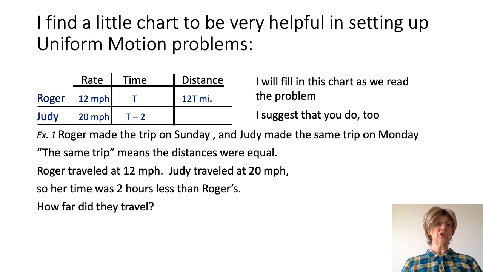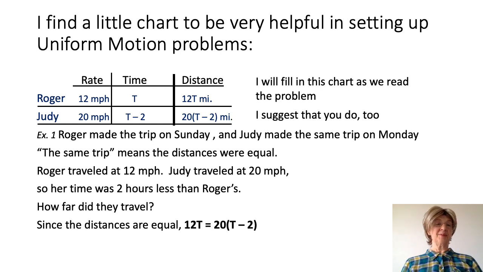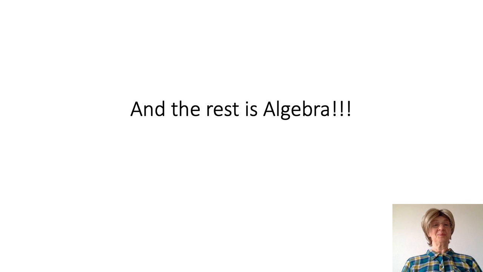So Roger traveled 12t miles, and Judy traveled 20 times (t minus 2) miles, and the distances are equal. So 12t equals 20 times (t minus 2). And the rest is algebra. You know how to do it.